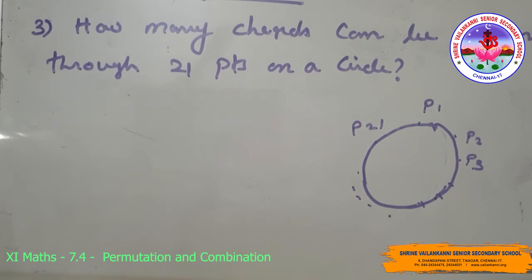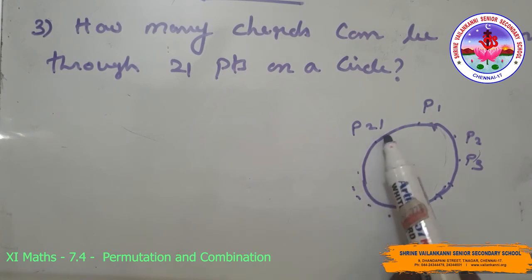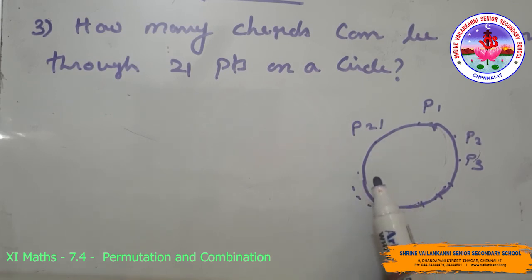Third question: how many chords can be drawn through 21 points on a circle? So on a circle, if we have 21 points, P1, P2, P3, etc., P21, we have to draw a chord using 2 points on a circle.